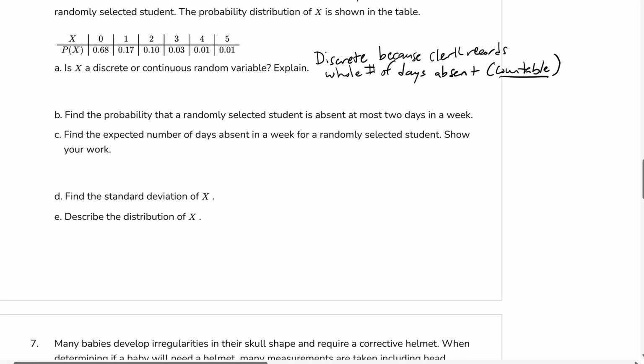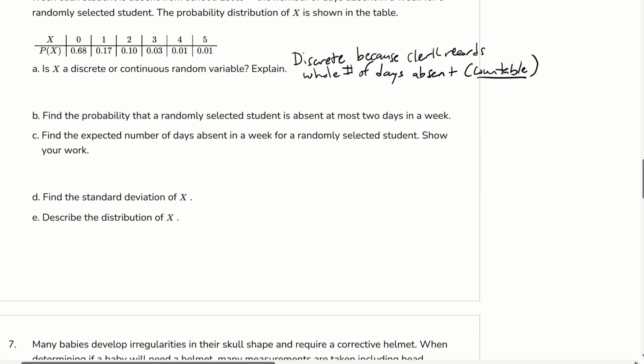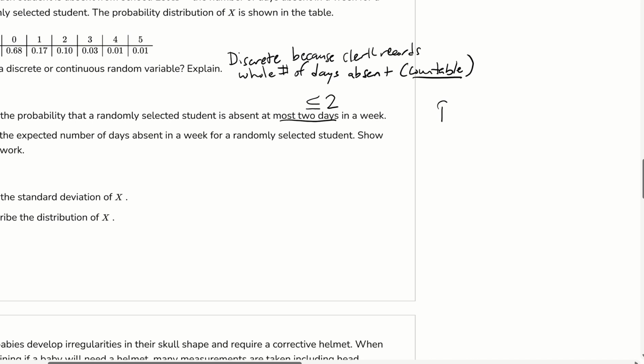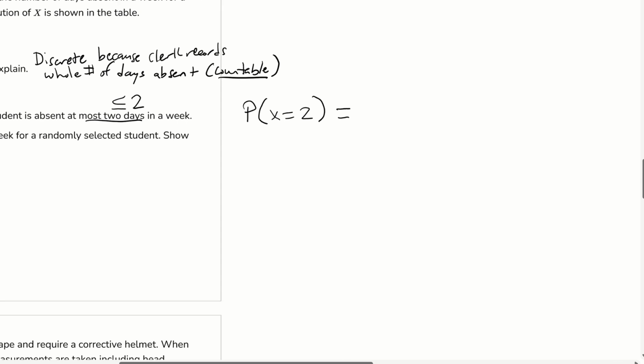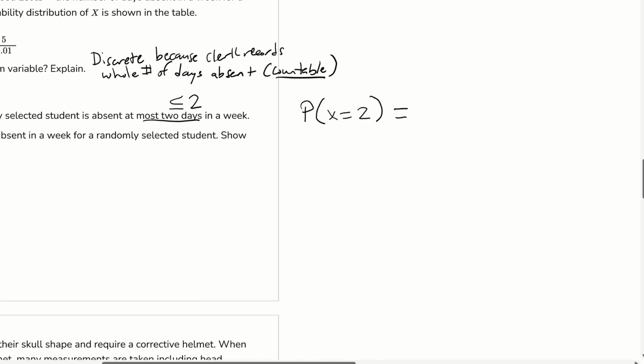All right. Part B, find the probability that a randomly selected student is absent at most 2 days. At most means less than or equal to 2. All right, so we want the probability that little x is less than or equal to 2.